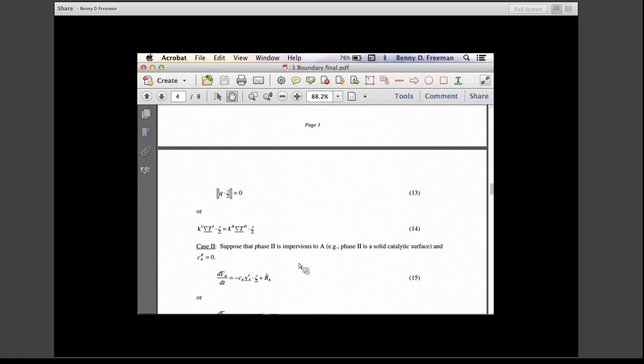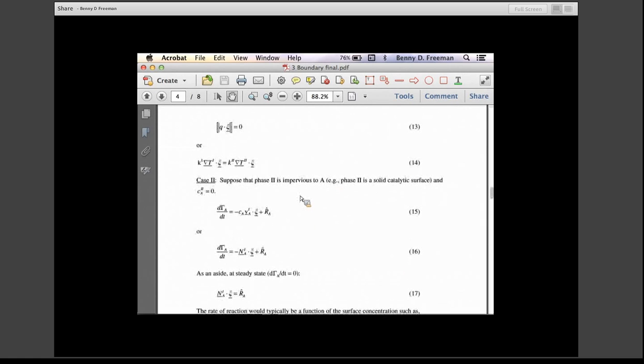Now we can also consider a case where phase 2 is impervious to A, as it would be, for example, with a solid catalyst support. We imagine this as being a flat surface for the time being. And if phase 2 is impervious to component A, then by definition the composition of A inside that solid surface has to be zero.